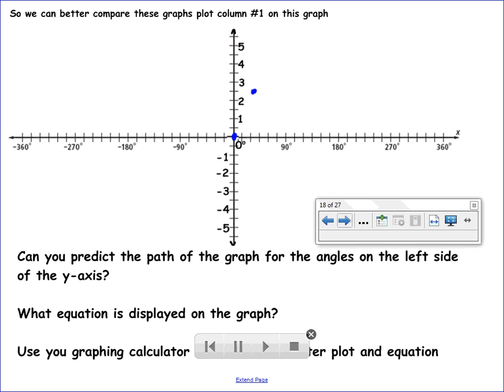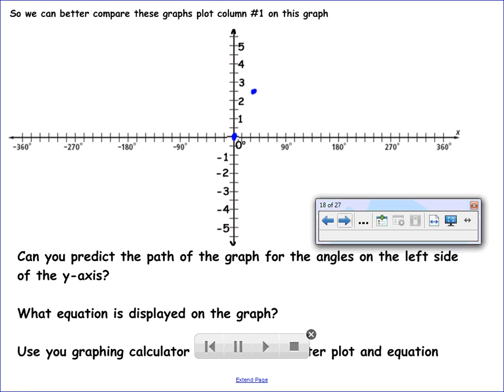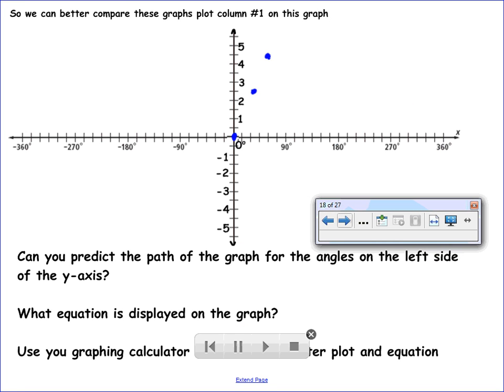Everybody, so 30 degrees is 2 ticks, paired with 2.5 on vertical displacement. Next, 60 degrees, 4.33. So 60 degrees was 4.33. About there. 90 degrees is paired with 5. That was when our point A was all the way up at the top of the Ferris wheel.